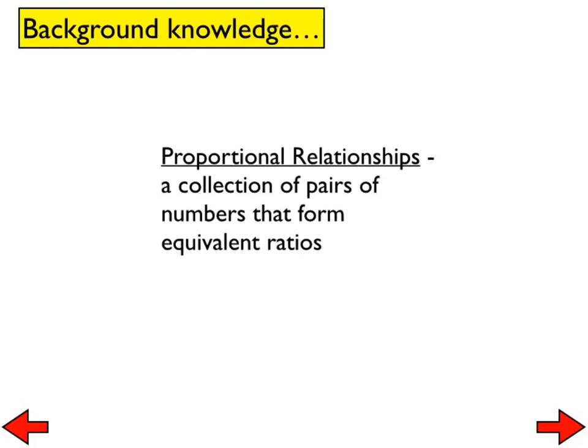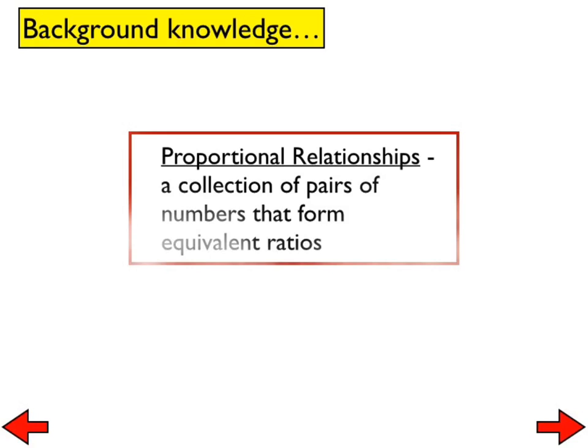And that's how we checked yesterday from our table. We checked ratios of y over x, and if they were all equivalent, we had a proportional relationship, and whatever they were all ended up simplifying to, that ended up being our constant of proportionality. Well, today we take this to graphing.